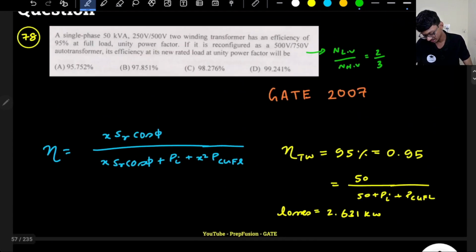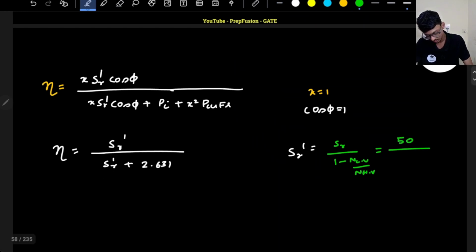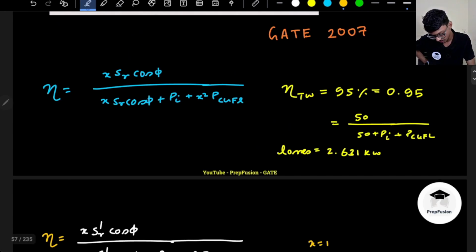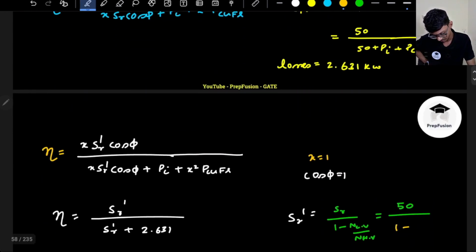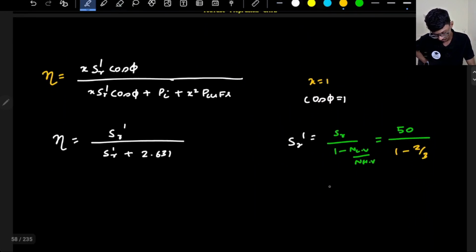SR is 50 kVA, divided by 1 minus NLV upon NHV, where NLV upon NHV is 2 divided by 3. So SR dash will be 1 by 3, so this is 150 kVA.